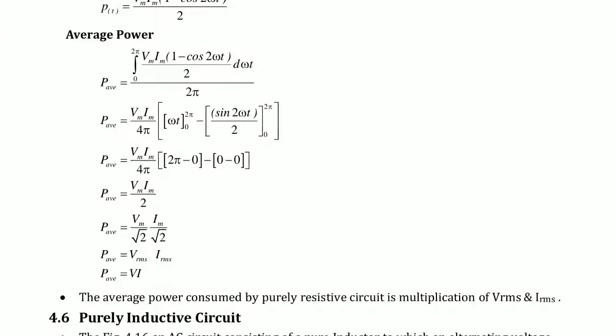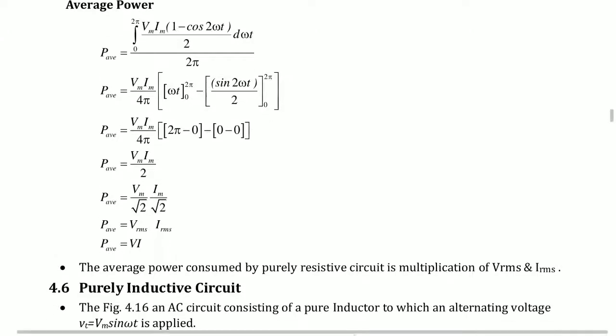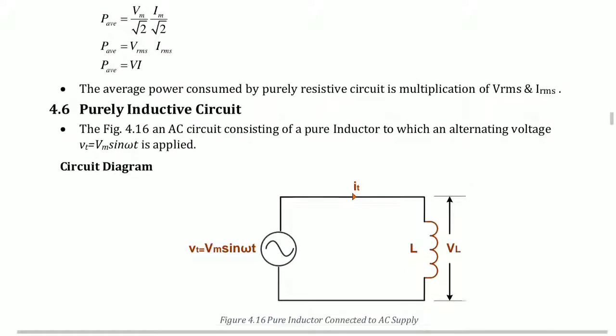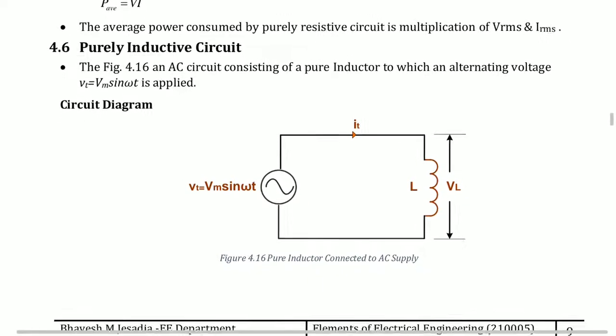So the average power consumed by a purely resistive circuit is simply the multiplication of Vrms and Irms.